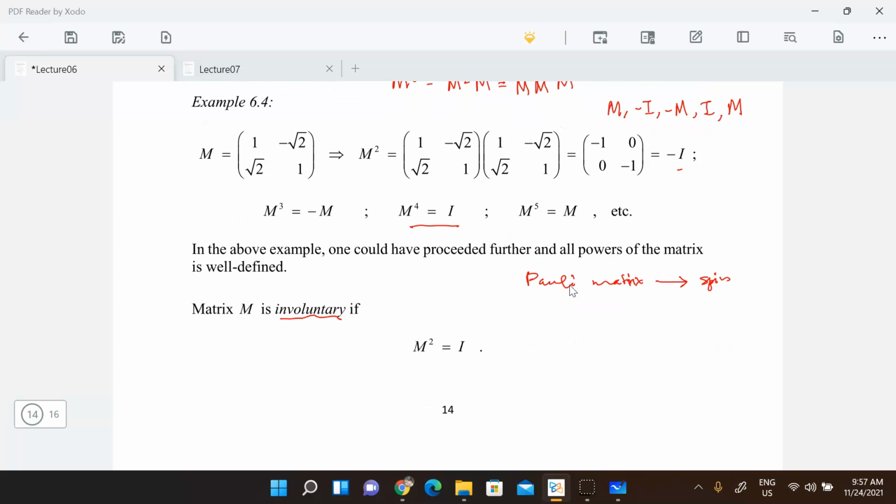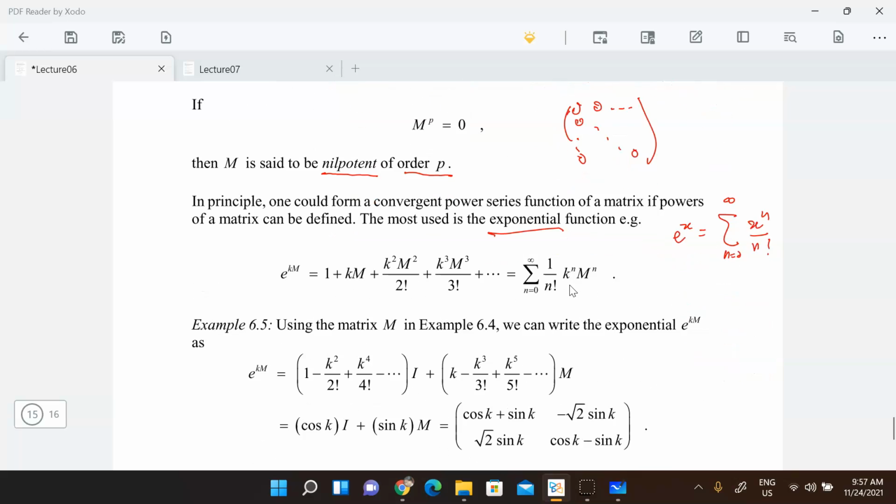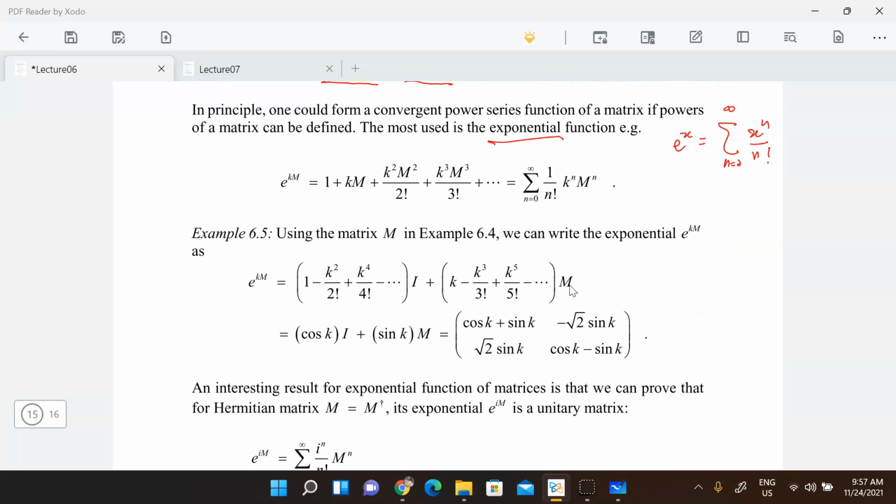I'm referring back to this matrix, and I'm taking the exponential of that. Remember that M squared equals minus I, M cubed equals minus M, and M to the fourth is I. M to the fifth is M.